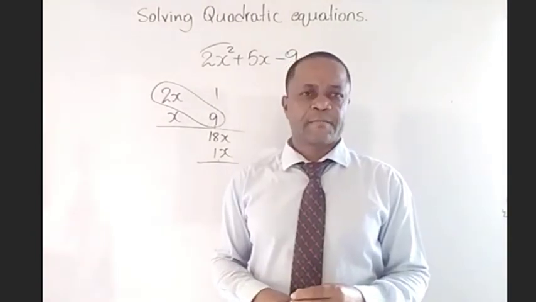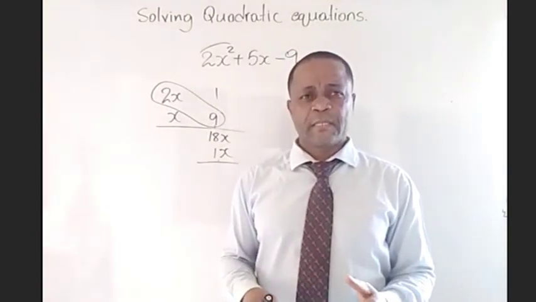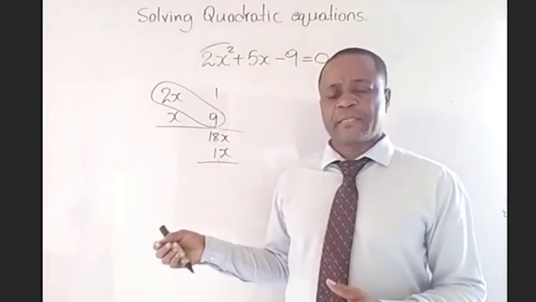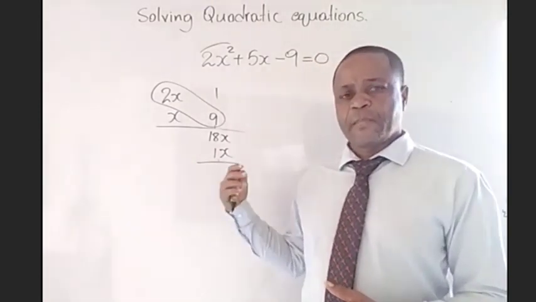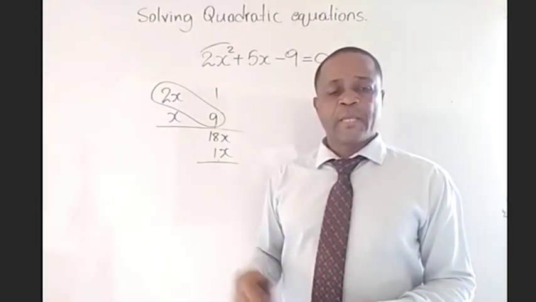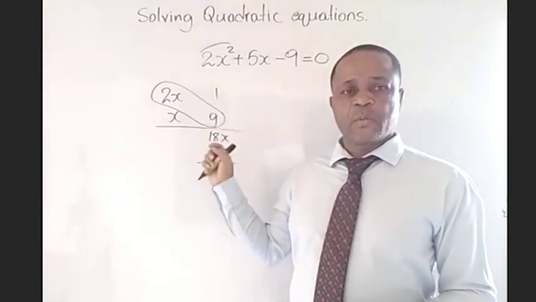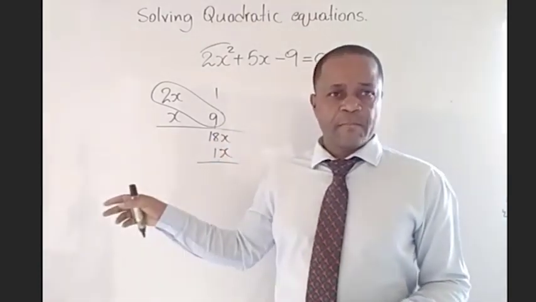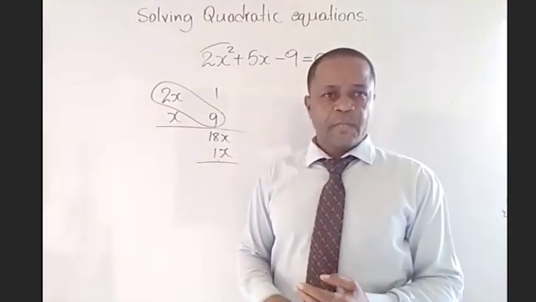You might ask, for the ones that we can't factorize, is there no solution to it? No, we can actually solve these using the formula, which I will introduce to you in a few minutes.